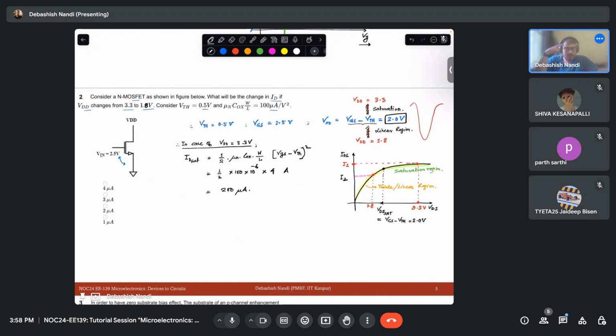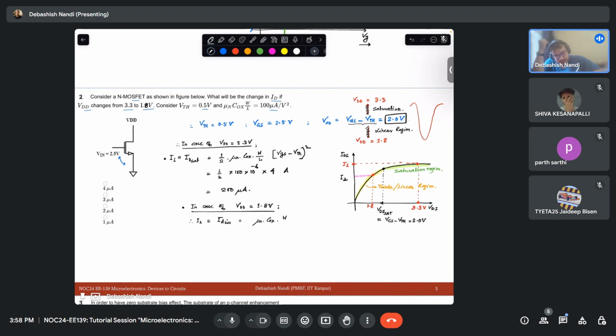This is my I1. In case of VDD equal to 1.8 volt, I have I2 equal to ID linear. So what is the linear equation?